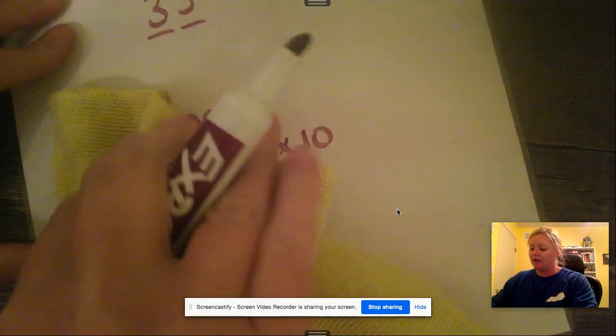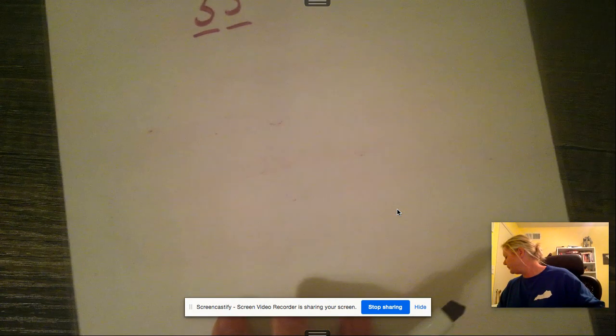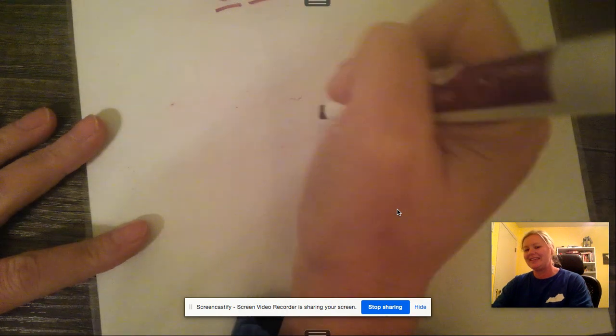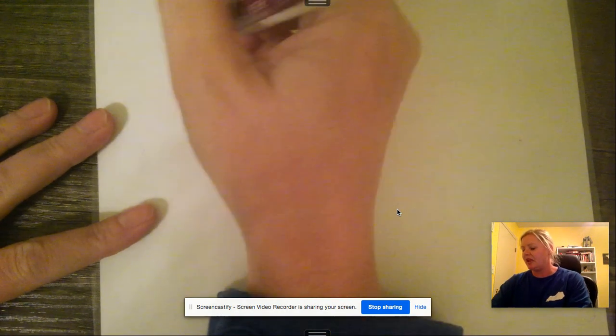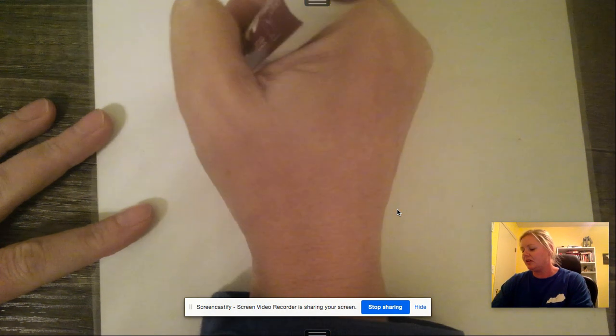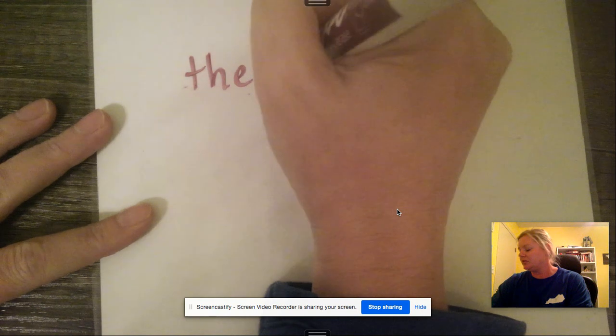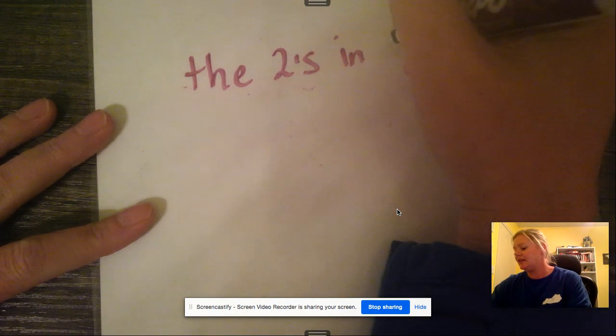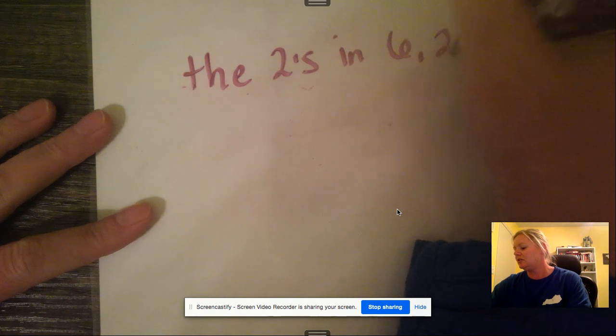I'm going to erase really quick. Give myself some dry erase room here. Let's see here. This time I want to think about the values. So I'm going to think about the 2s in 6,228.